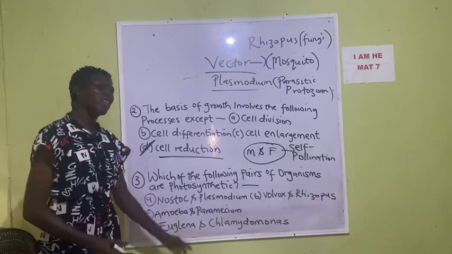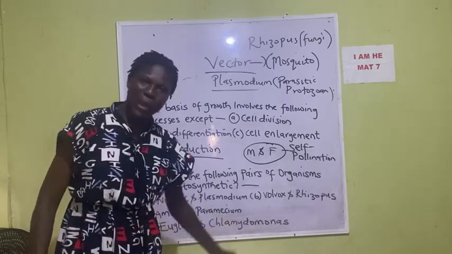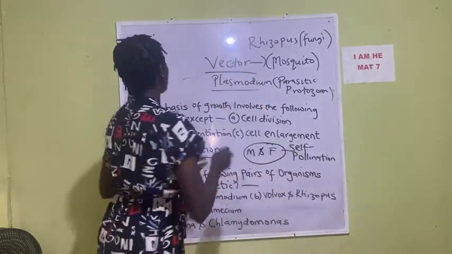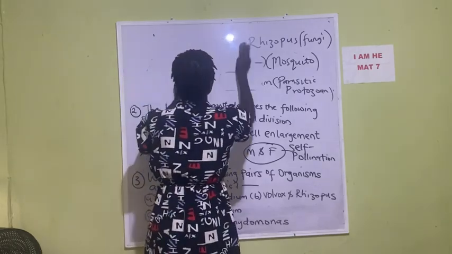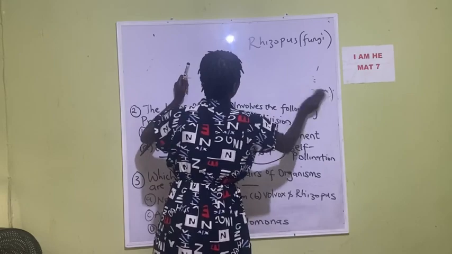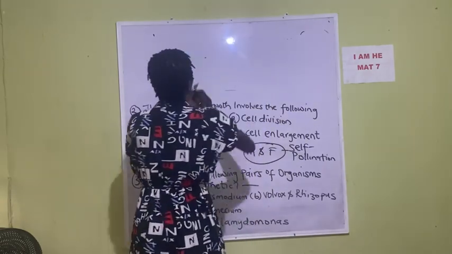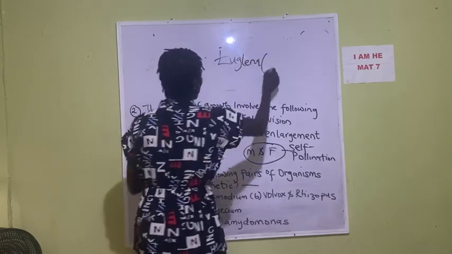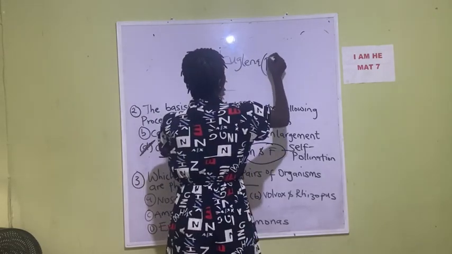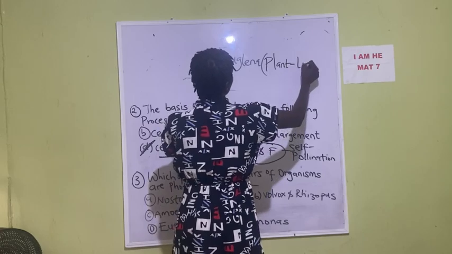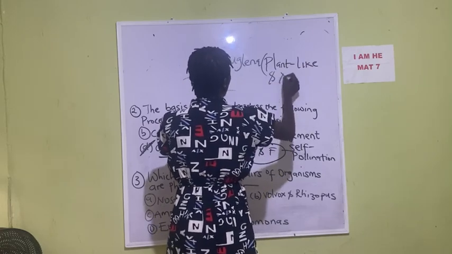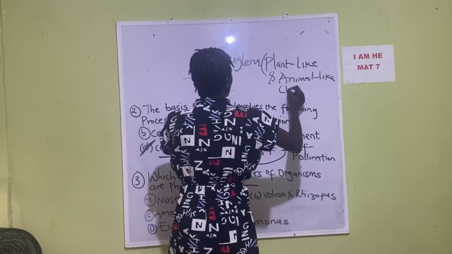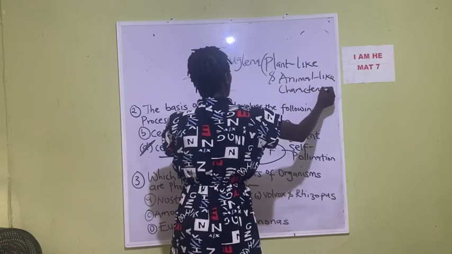Now we have Euglena and Chlamydomonas. This pair are photosynthetic in nature because Euglena, take note, has plant-like characteristics and animal-like characteristics.